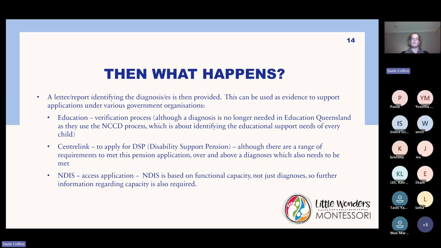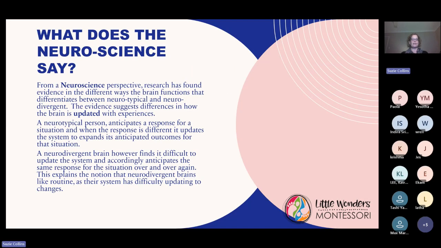The next bit I just want to talk about is this little tiny bit around the neuroscience. From a neuroscience perspective, there's some research that's found that there are actually different ways that brains function. This particular research has shown the difference between that neurotypical brain and that neurodivergent brain that we talked about.